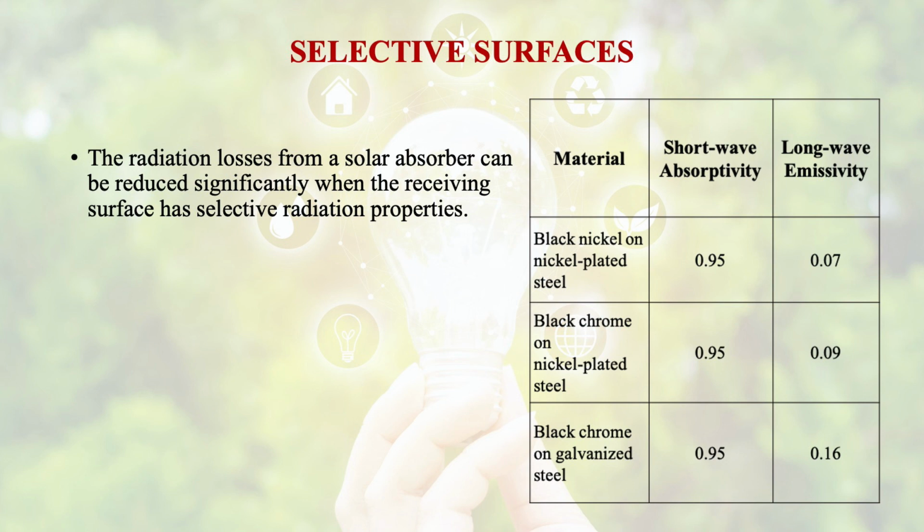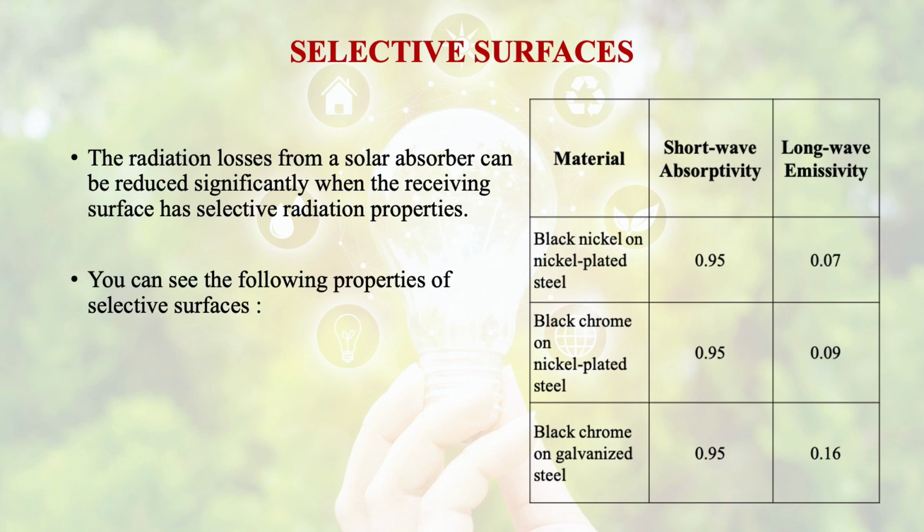If we talk about the material black chrome on nickel plated steel, its short wave absorptivity is 0.95 and long wave emissivity is 0.09. If we talk about black chrome on galvanized steel, then short wave absorptivity is 0.95 and long wave emissivity is 0.16.